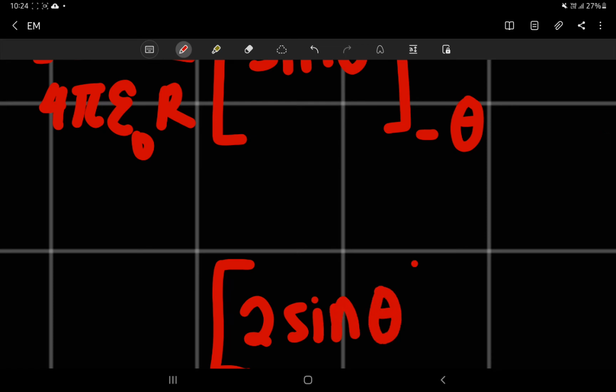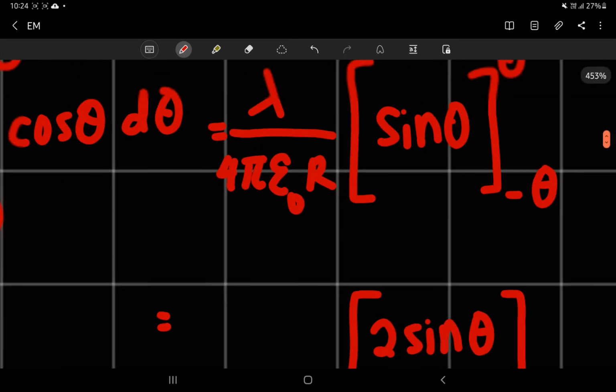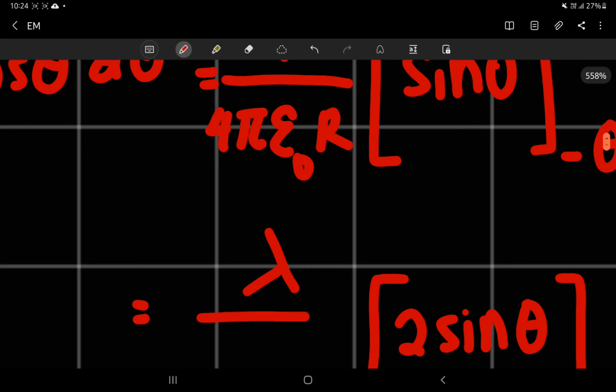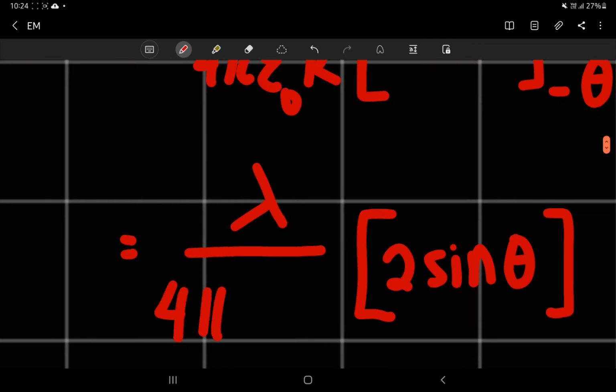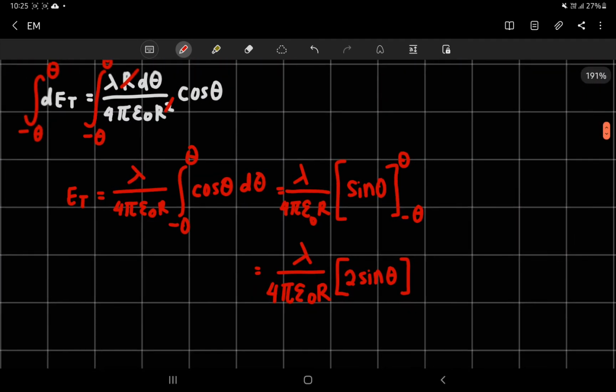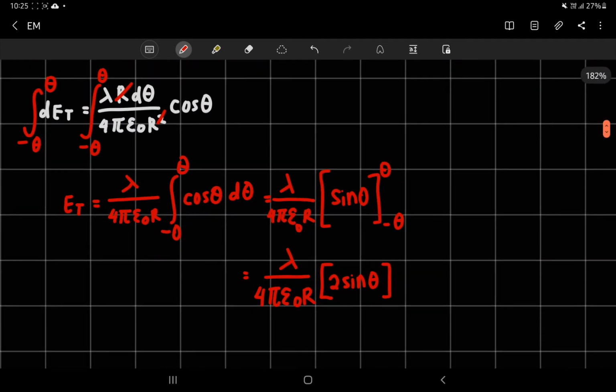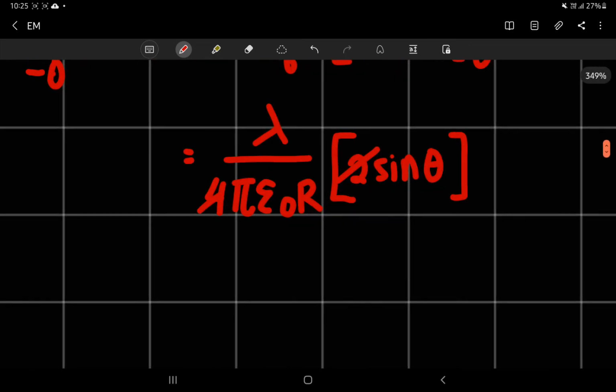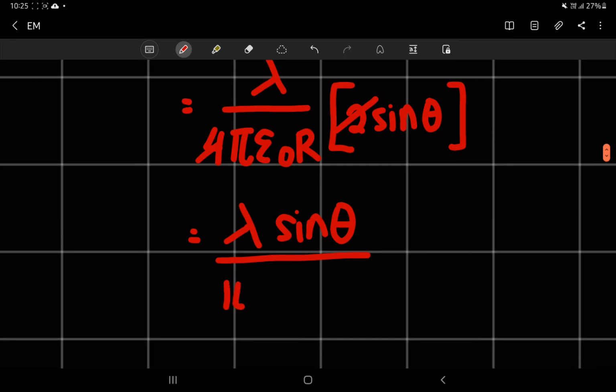Then we cancel the 2 and the 2, so we get lambda sine theta divided by 2 pi epsilon naught r. And this is our E total.